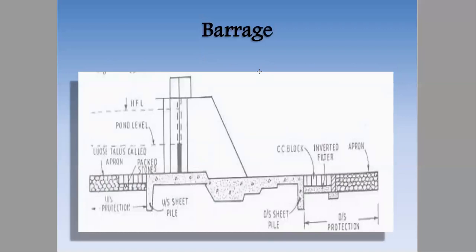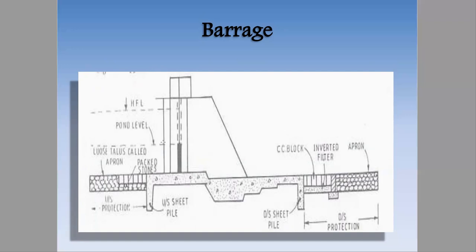Here you can see an example of a barrage. There is the HFL, and that is the pond level. This is actually a dead storage. You might have studied in hydrology what dead storage is. Basically, this water does not contribute to the canal or any diversion, because there is no shuttering system.